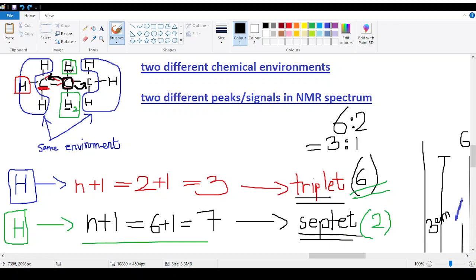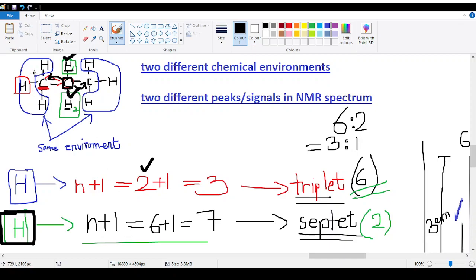Why 2 plus 1? Because those hydrogens are in a different environment than the ones in blue color. They're different, which is why we take them. So you can consider them. Again, look at the green. When we considered them, we considered this hydrogen and this hydrogen, right? And it had neighbors on both sides, on the left side and on the right side.